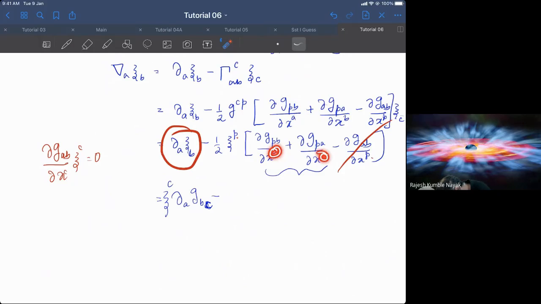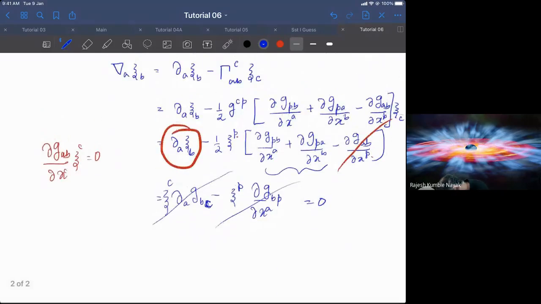Now look at these two terms, A, B, P, A, B. P is common, which is taken dot product. So this term is completely symmetric, and because it is symmetric, you simply get xi p g xa, g bp. These two terms are the same, so this cancels out and is equal to 0. So what did we just prove?